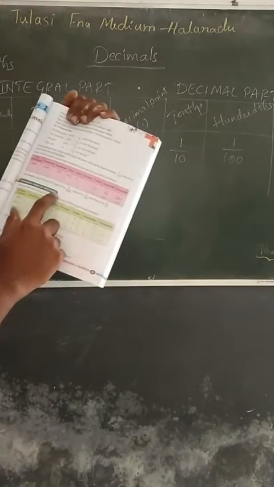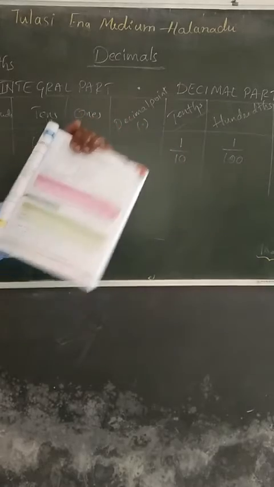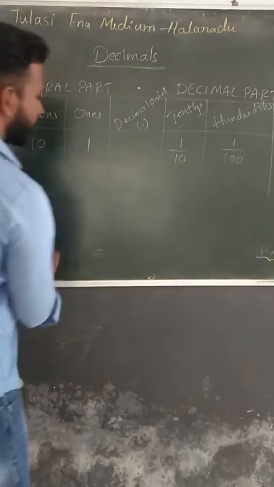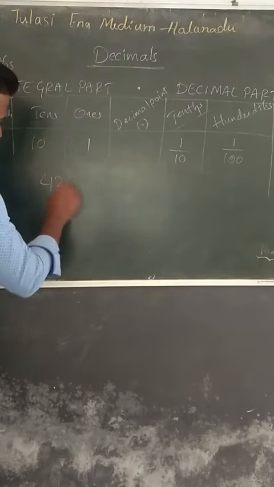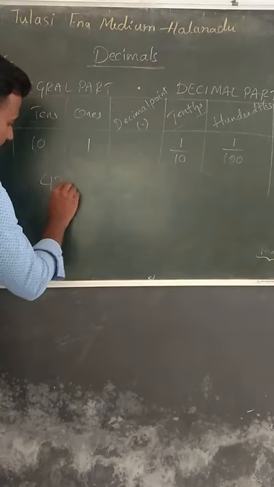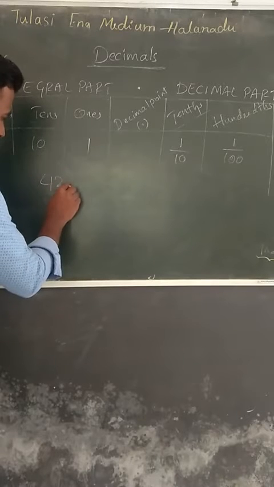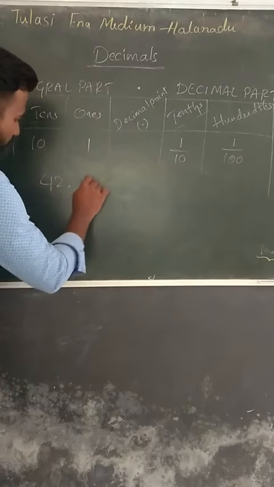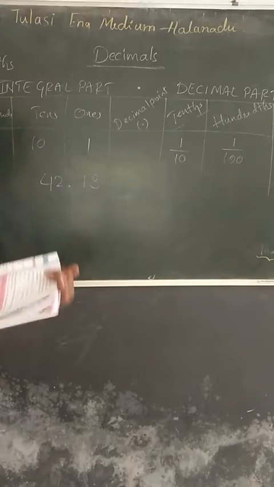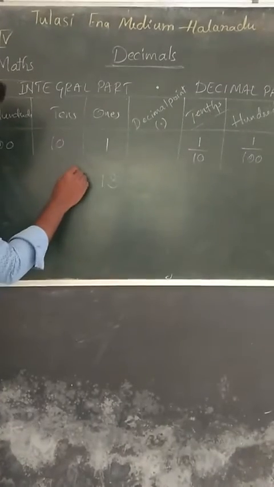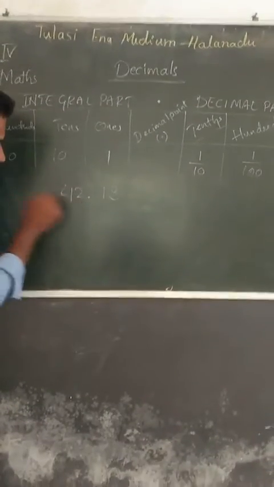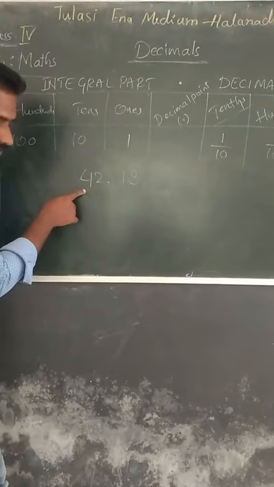Expanded form of the decimal. So 42.13. This is the ones place, this is the tens place. 42, you can read it as 42 clearly.